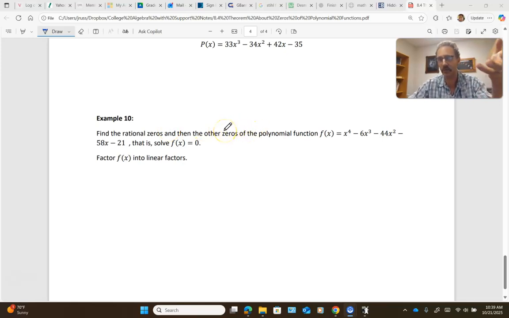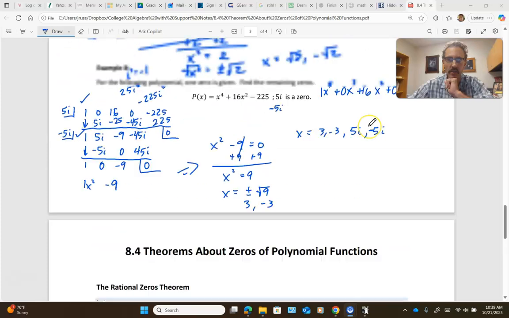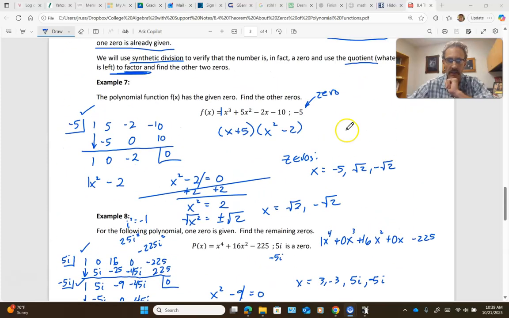So this is what I was alluding to earlier. In other words, it wants us to find all of the zeros of this polynomial. But notice, it doesn't give us any zero with which to start, the way that the two previous examples did. Okay, it's a lot easier when we have a zero with which to start.